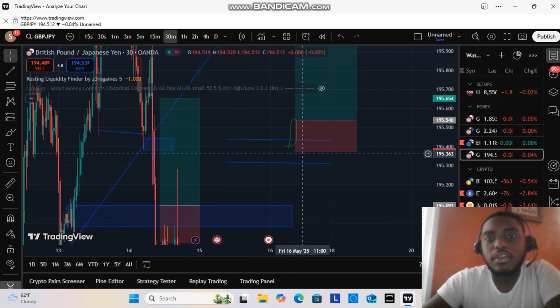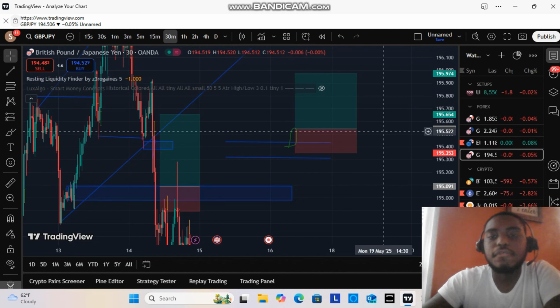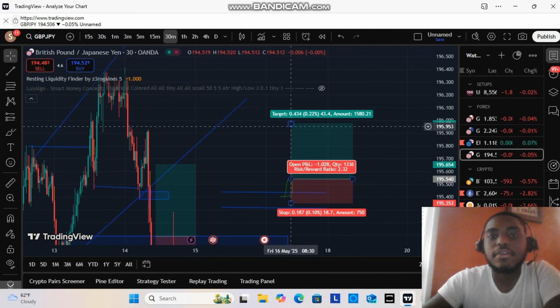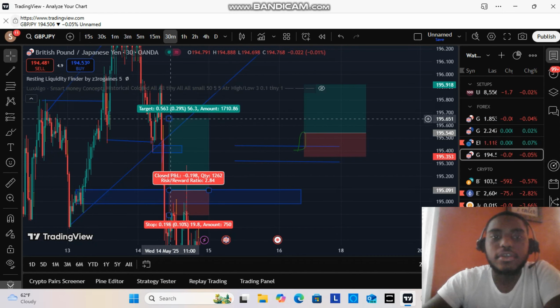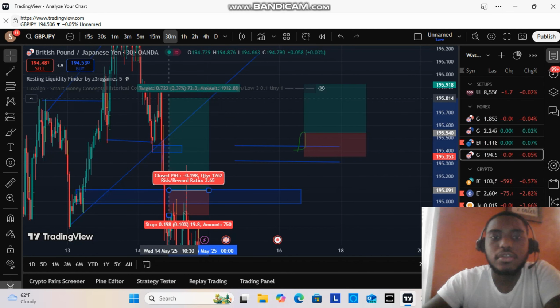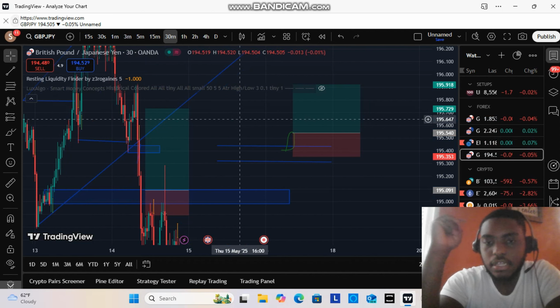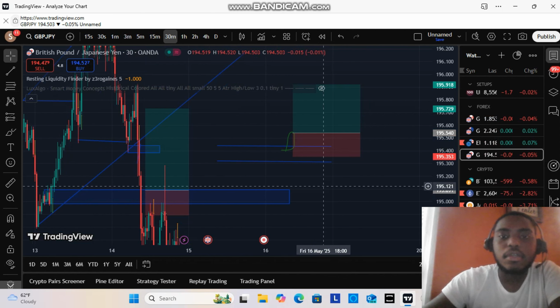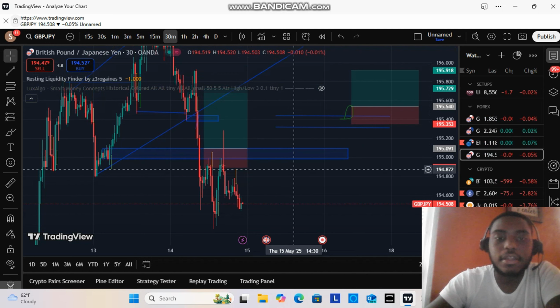Put my stop loss below the lows of that candle. Target the highs. So I could have even targeted up here. It should be the highs, but I wouldn't want to target anything past that. But yeah, I even did that. If I did that, it would have saved me a lot of bucks.